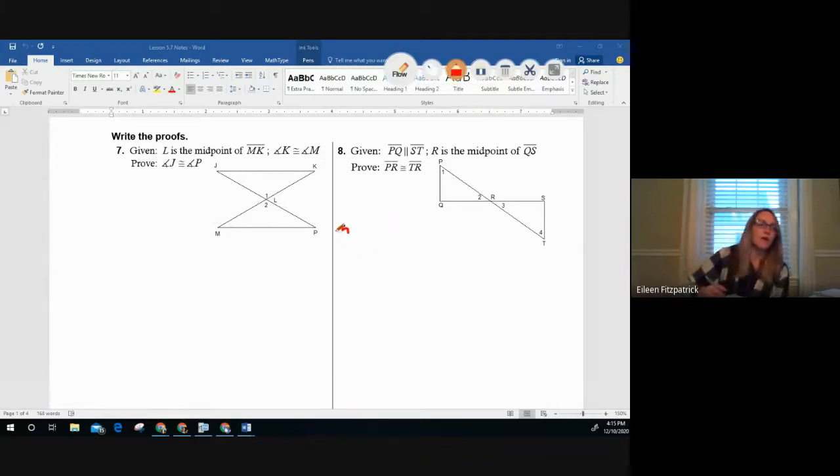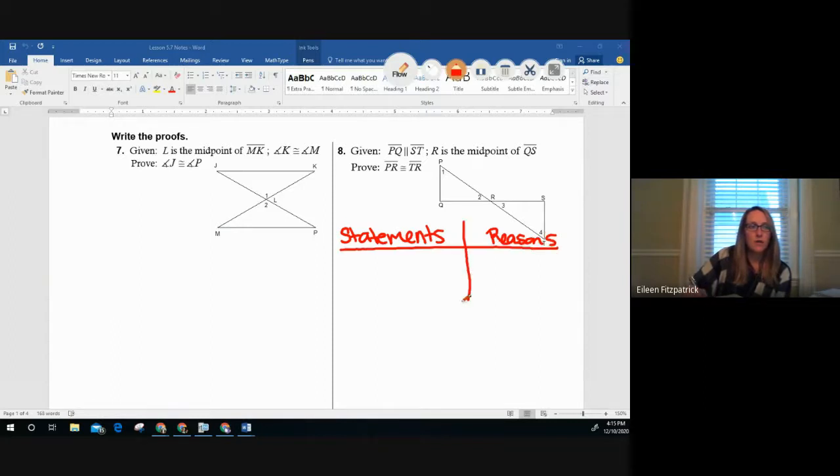All right, so number 8, statements and reasons. So to start, we have our given that PQ is parallel to ST. You're also given that R is the midpoint of QS. That's all given.